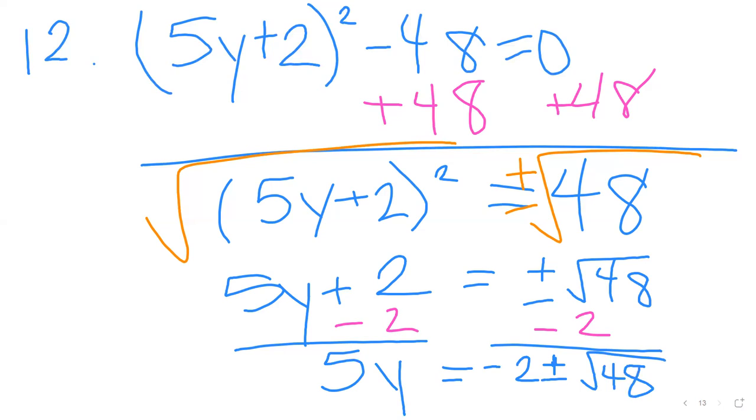There's no way to combine 2 and square root of 48. Treat them like opposite things. Write it out, similar to how you see it in a quadratic formula. Some number plus or minus square root of something. We've got -2 plus or minus square root of 48.